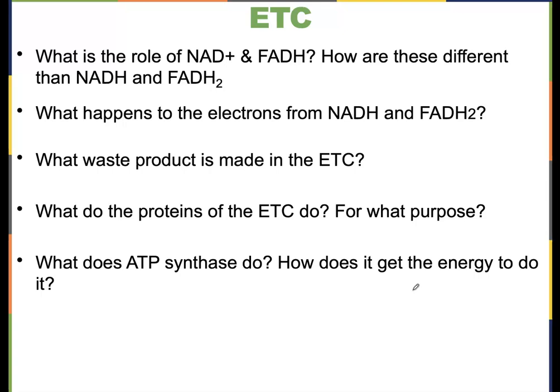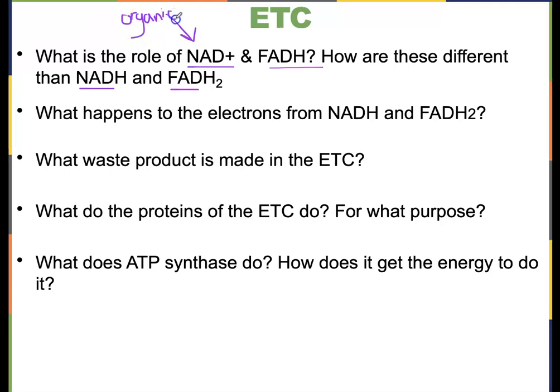So let's answer some questions, right? The electron transport chain. What's the role of NAD plus and FAD, and how are these different from NADH and FADH2? These are electron carrier molecules. These are the empty forms of them, and these are the full forms, so they're carrying the electrons. Their role is to basically become reduced, because they're going to gain electrons from our organic molecules, beginning with glucose.